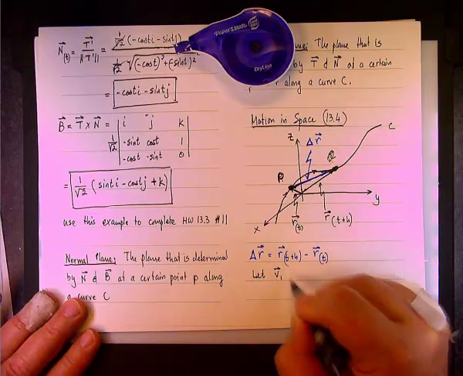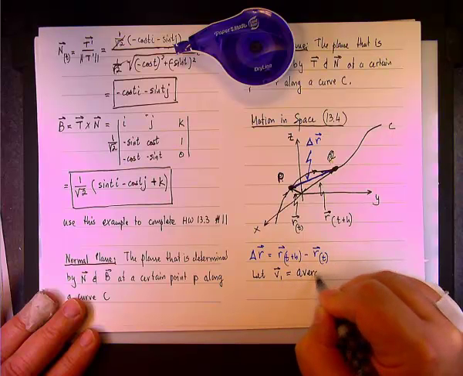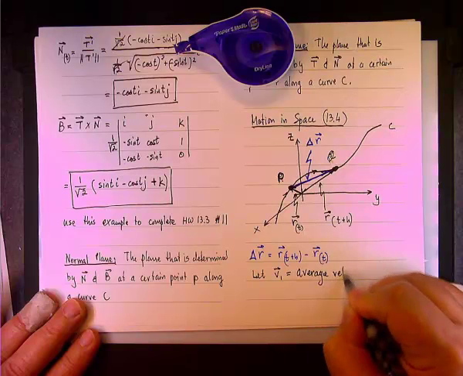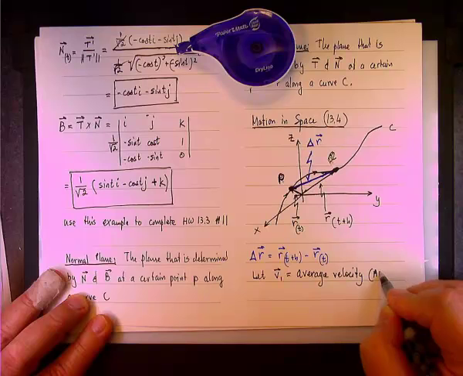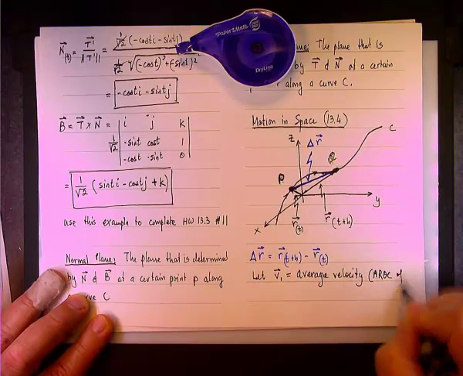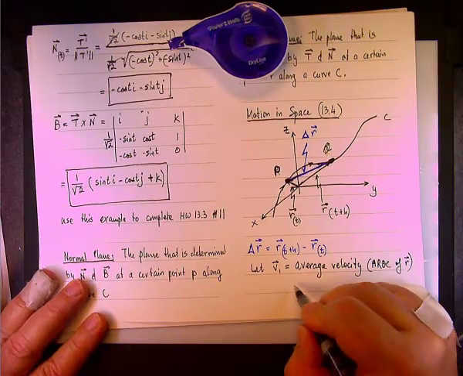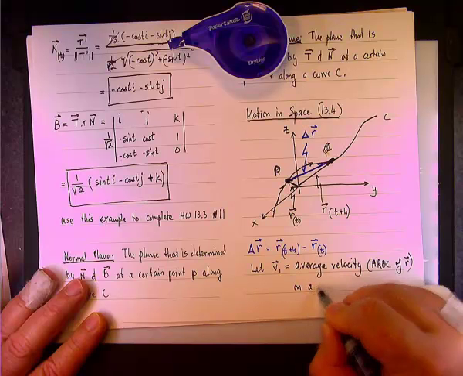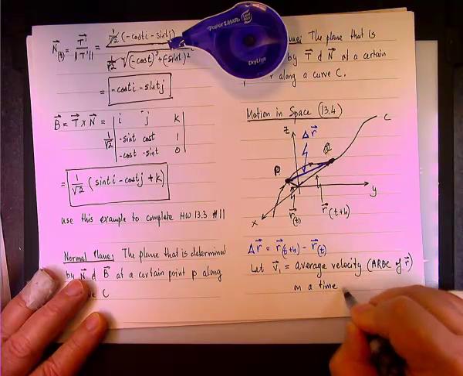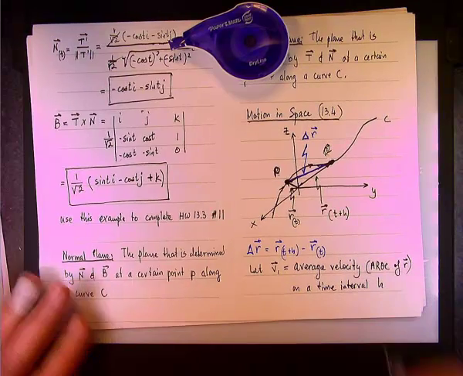Now we're going to define v sub 1, and this is a vector, equals the average velocity or average rate of change of r on a time interval h.